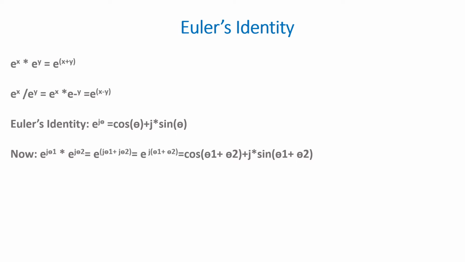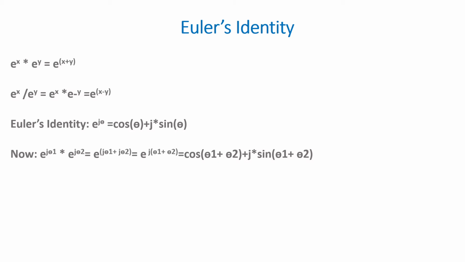Now let's assume we have two quantities, e to the power of j times theta 1, the whole thing times e to the power of j theta 2, which is equal to, if we apply the first exponential arithmetic, so e to the power of x times e to the power of y is equal to e to the power of x plus y.